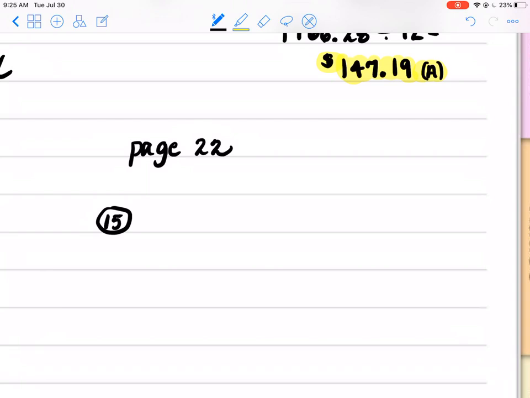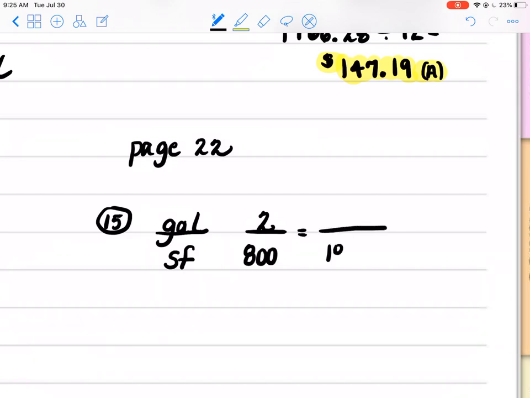Assume that you can purchase partial gallons as needed. So we are comparing gallons to square feet. 2 gallons, 800 square feet, and we need to paint 1,800 square feet.